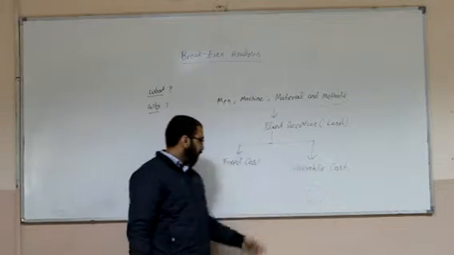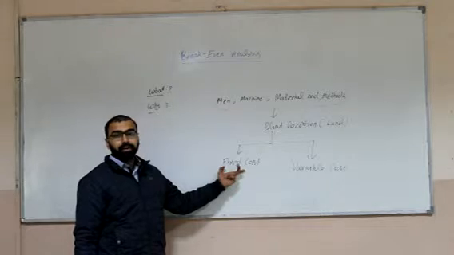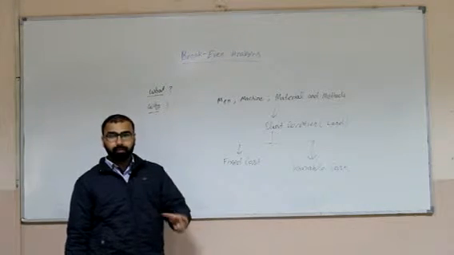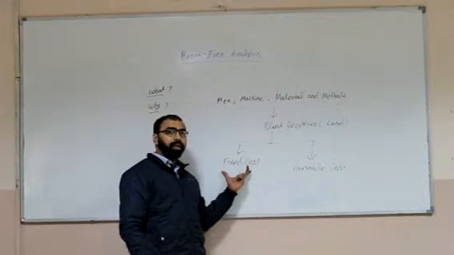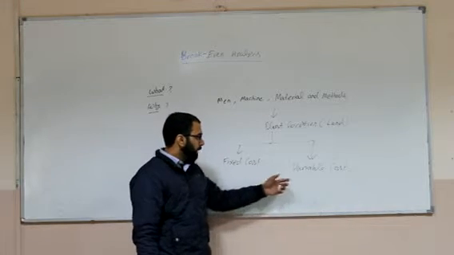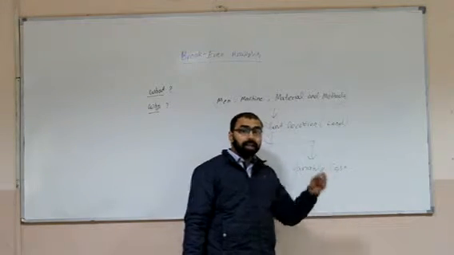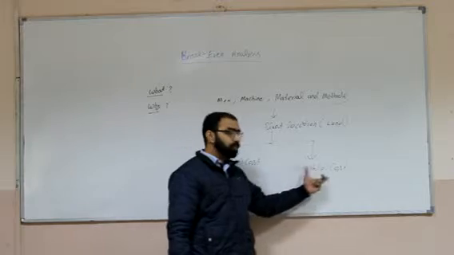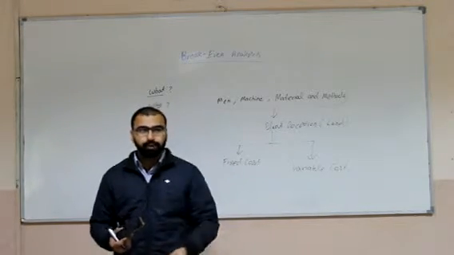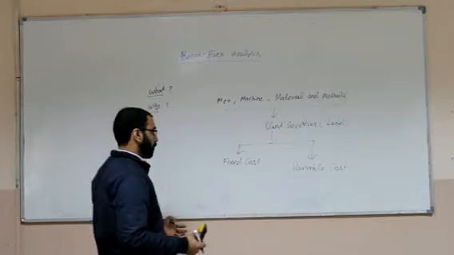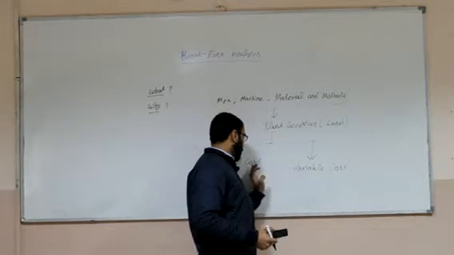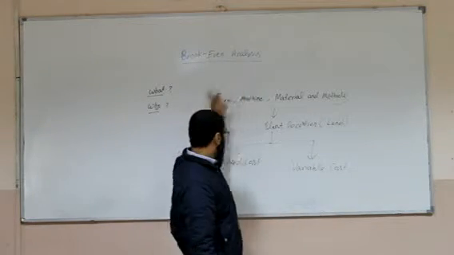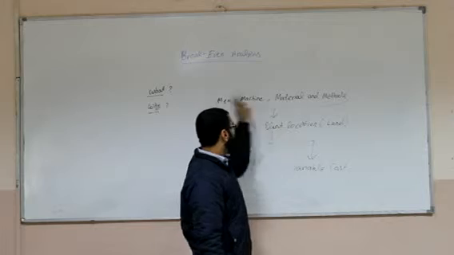Fixed cost is independent of the number of quantities of product that I am going to produce, independent of volume of products. And variable cost is dependent on the number of products my industry or organization is going to produce. So these 2 types of product costs will cover all these inputs.